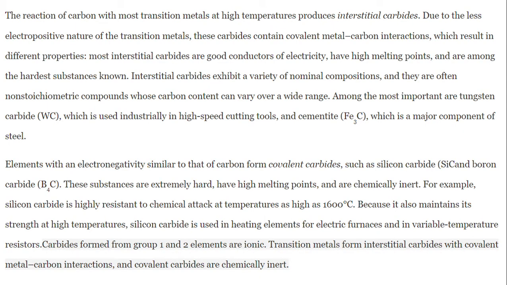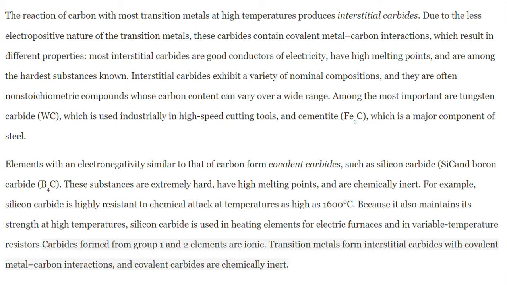The reaction of carbon with most transition metals at high temperatures produces interstitial carbides. Due to the less electropositive nature of transition metals, these carbides contain covalent metal-carbon interactions, which results in different properties. Most interstitial carbides are good conductors of electricity. They have very high melting points.